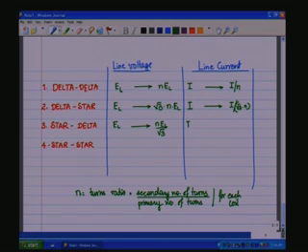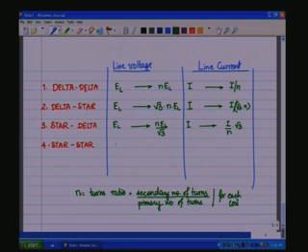A current I remains as I in the primary phase coils, becomes I by n in the secondary delta phase coils, and I by n into root 3 will be the secondary side line current.